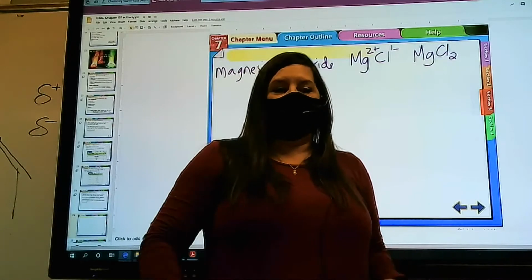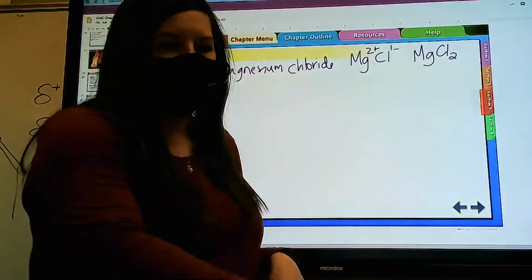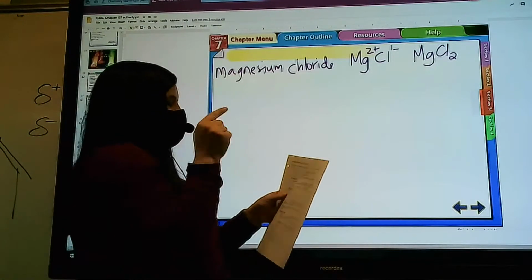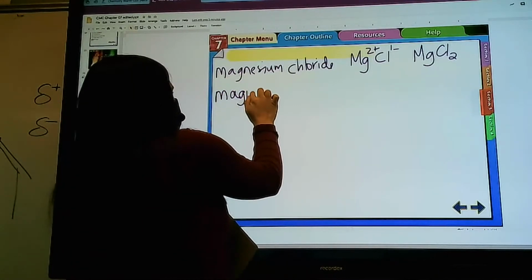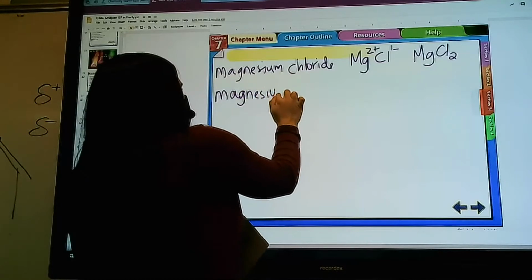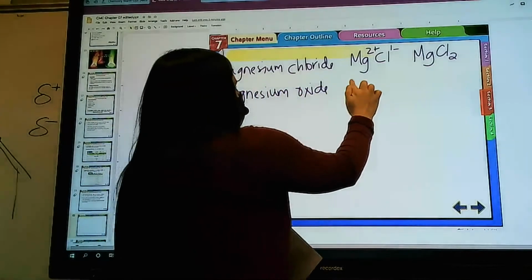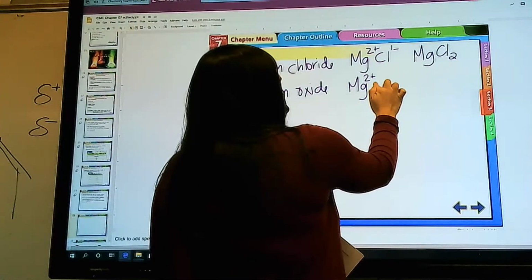Now I'm going to show you a shortcut, because this is the long version. There's an easier way to do this. The second example, I actually don't even get to use that shortcut for that one. If we have magnesium oxide, the magnesium charge we already know is 2+.